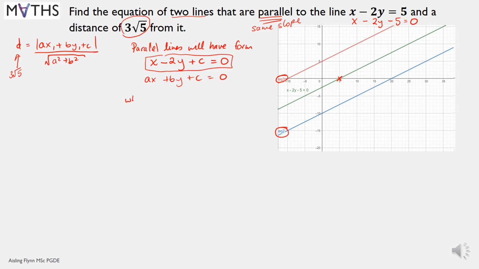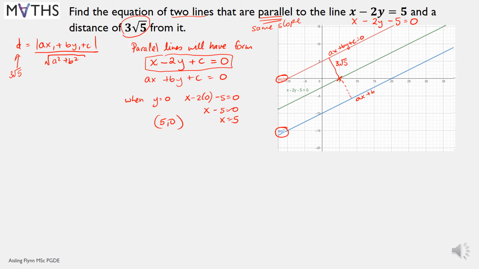When y equals 0, we put it into our equation of the line, we get x minus 2 times 0 minus 5 equals 0. We get x minus 5 equals 0, so x equals 5. So that's the point (5, 0), and that's on the green line. We know the perpendicular distance from this point is 3 root 5, and we're trying to find the equation of this ax plus by plus c equals 0, and we're doing the same for the blue line.